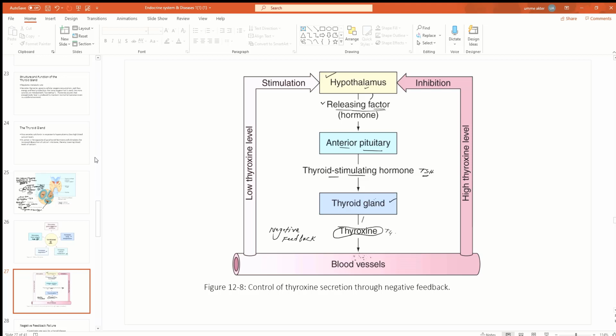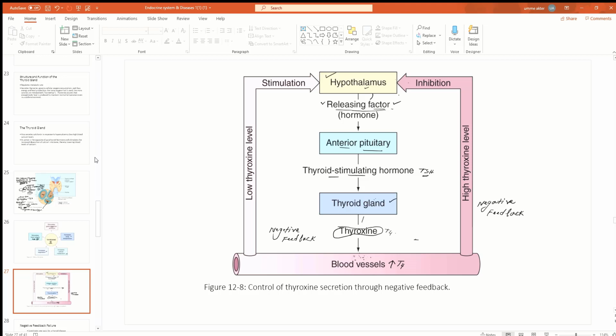Now, the blood concentration of thyroxine will go up slowly, and when it reaches an upper limit, then a negative feedback or inhibition will go to the hypothalamus and tell the hypothalamus to stop the release of the releasing factor.